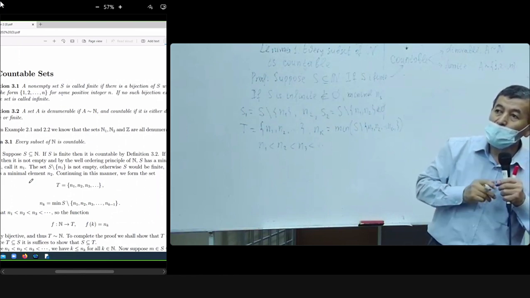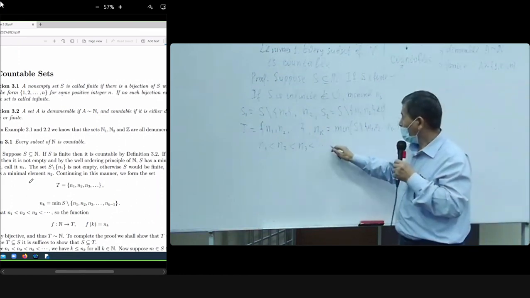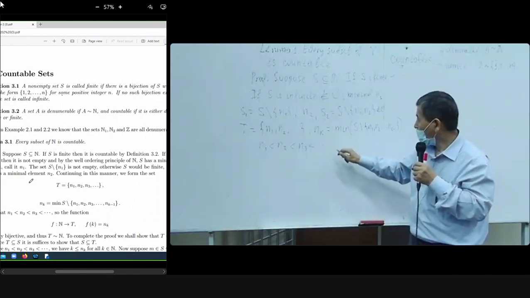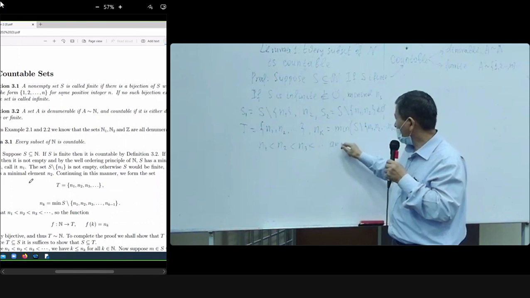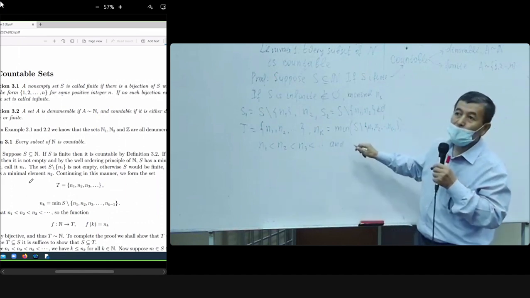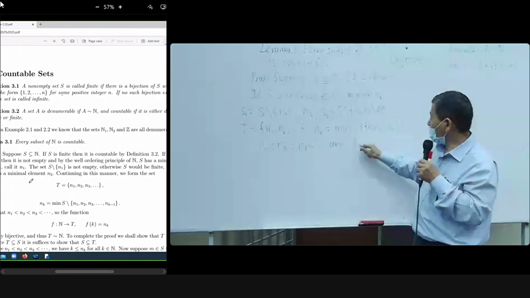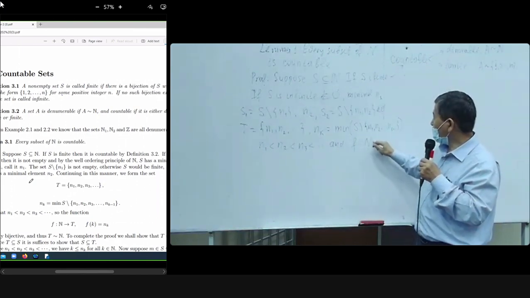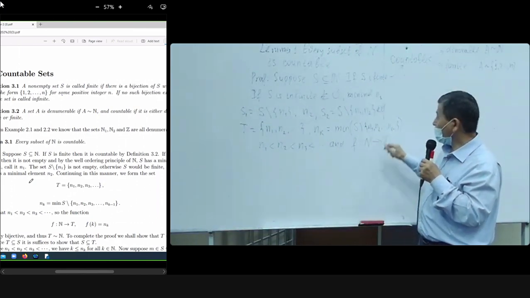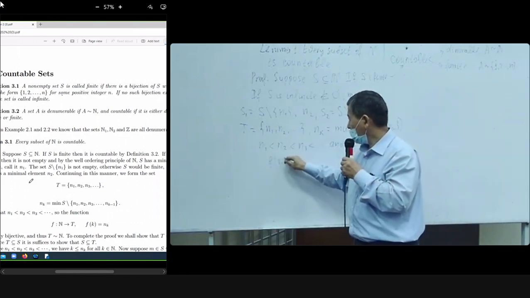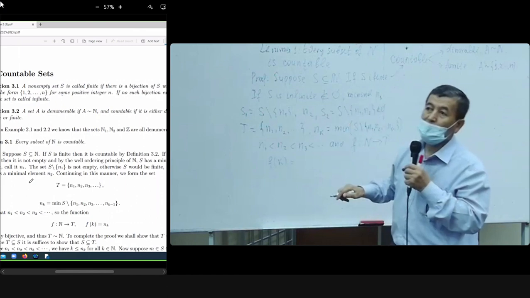Then, here we have the function f, mapping from N to T, given by f of k equals n sub k.